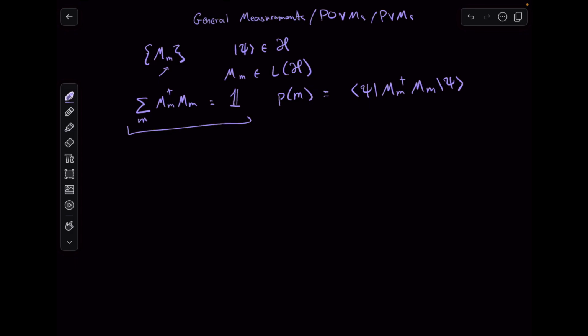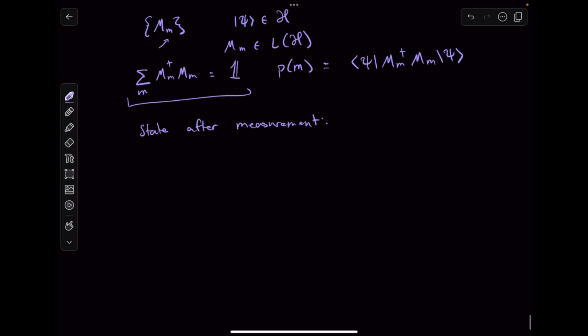And the general measurement formalism actually allows us to go a bit further and define the state after a measurement.